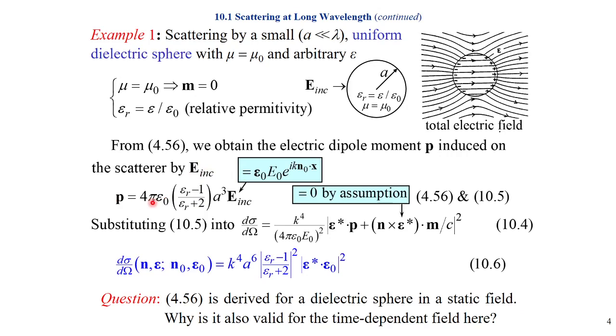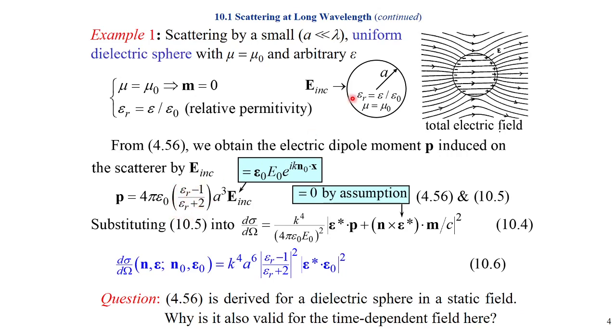Okay, so P is 4 pi epsilon 0, times epsilon r minus 1 over epsilon r plus 2, times A cubed, times E incident. And E incident is given. So it's proportional to the volume of the sphere, and to epsilon r minus 1 over epsilon r plus 2.